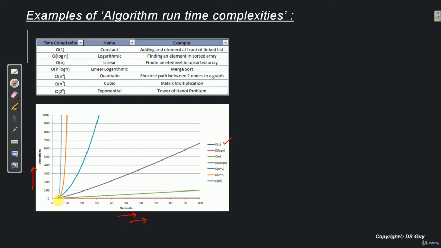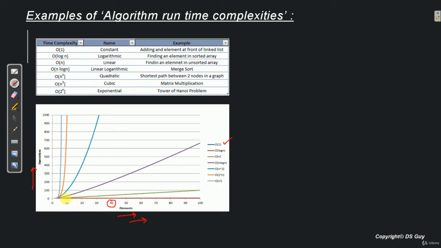So if we are processing, let's say 100 elements, it will take order 1 unit of time. Or if we want to process 40 elements, still it will take order of 1 time. Hence, with the increase in number of elements, the time complexity does not increase. It always remains constant, that is order of 1.